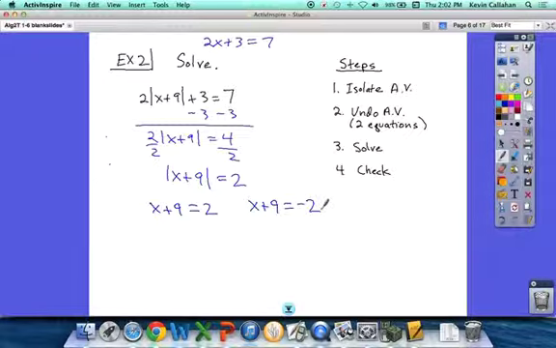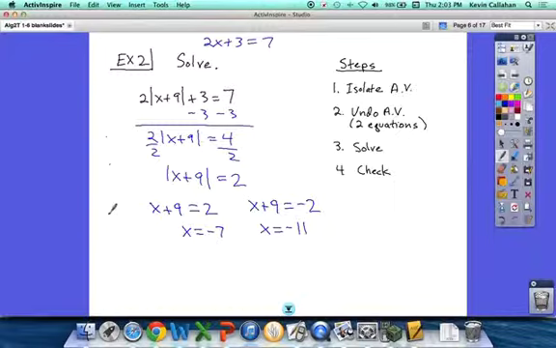Two equations, solve them both. X equals negative 7. X equals negative 11. Two answers. And if need be, you could plug them back in, check. See whether you got the right answer, just like any time you solve an equation.